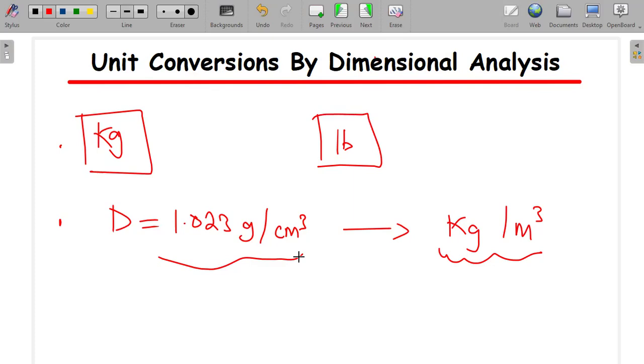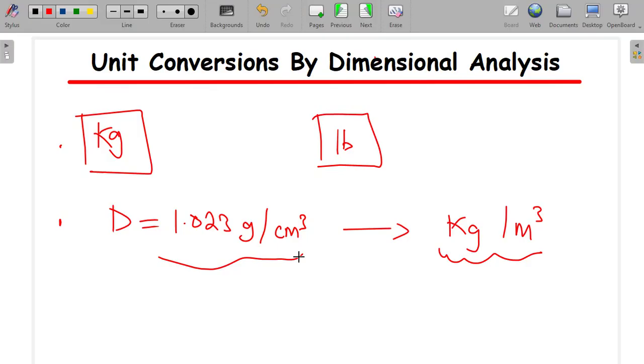Whenever we see two units there, we need to use dimensional analysis to convert from one form to the other, and that conversion is going to be facilitated by the conversion factors.